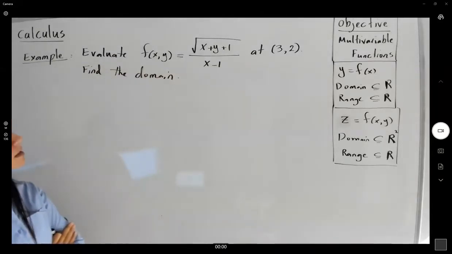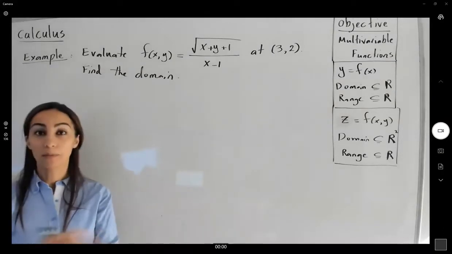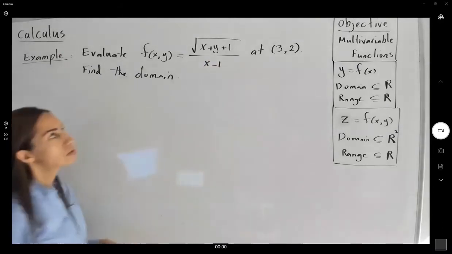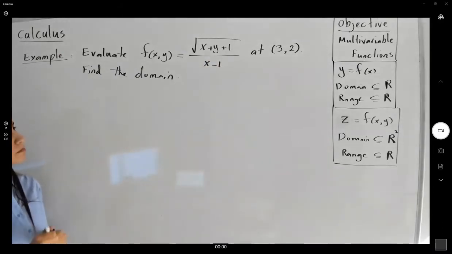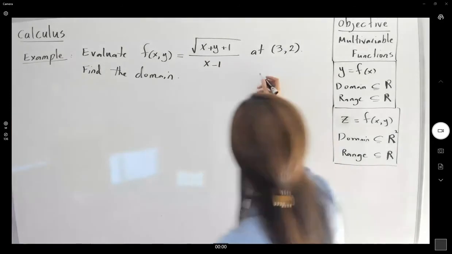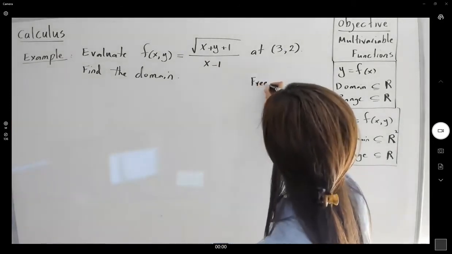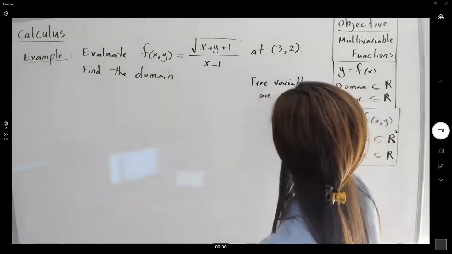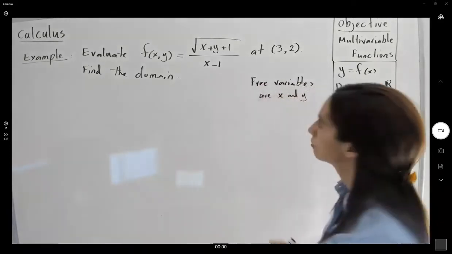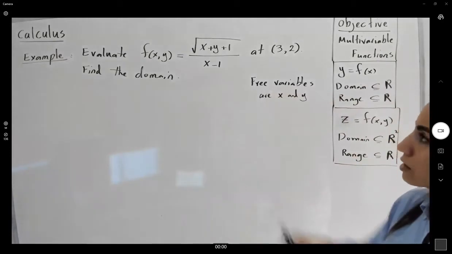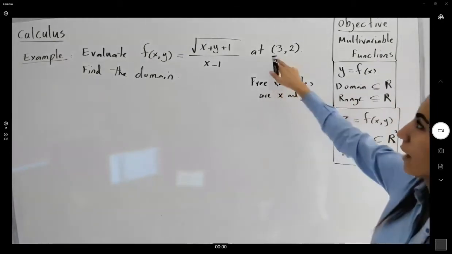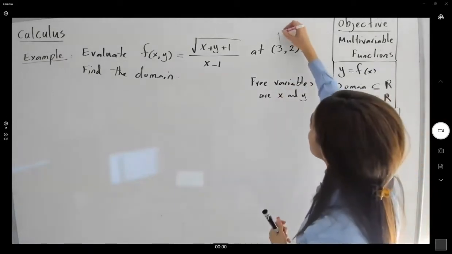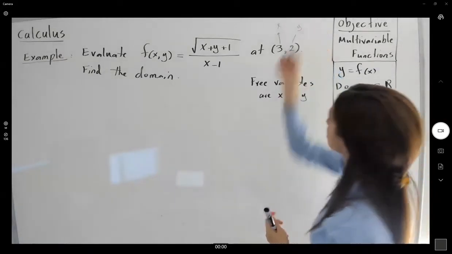So let us take a look at this function. How many free variables do we have? We have two variables, x and y. Very well. So evaluating this function at 3 and 2 means that your x is 3 and your y is 2.